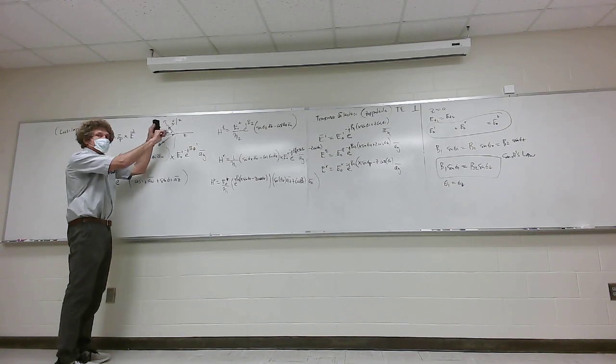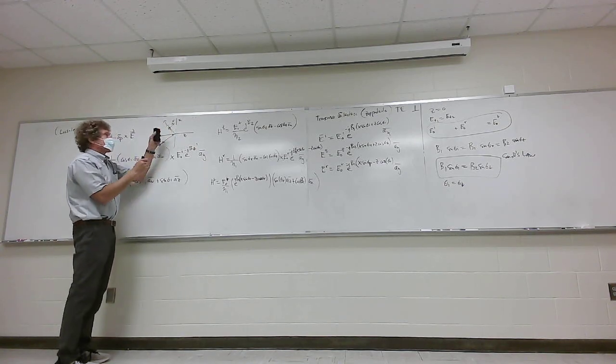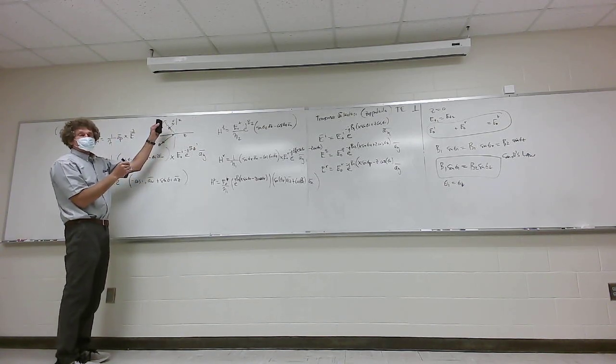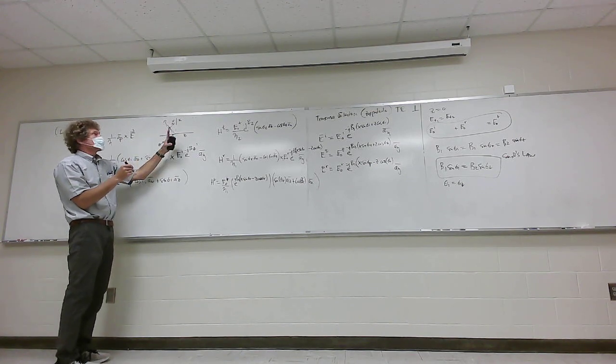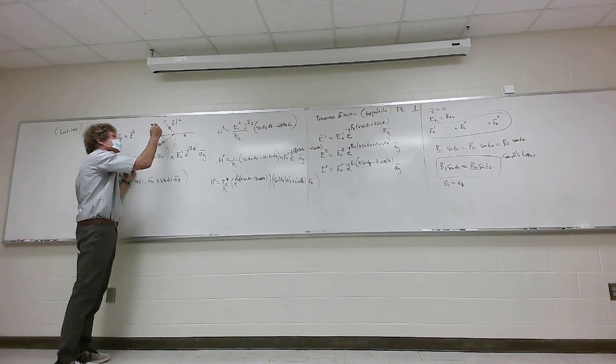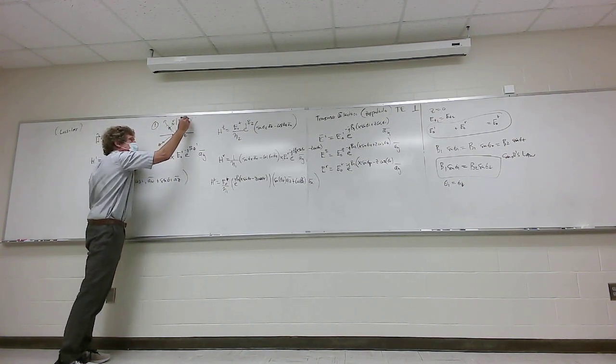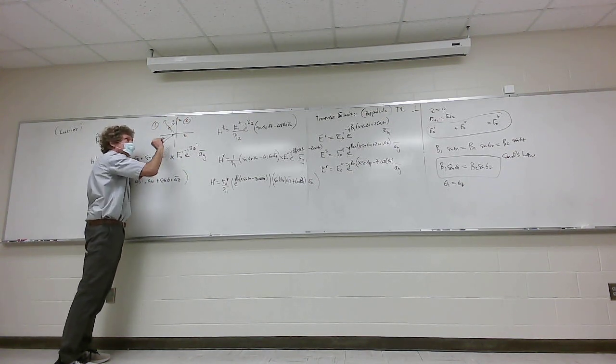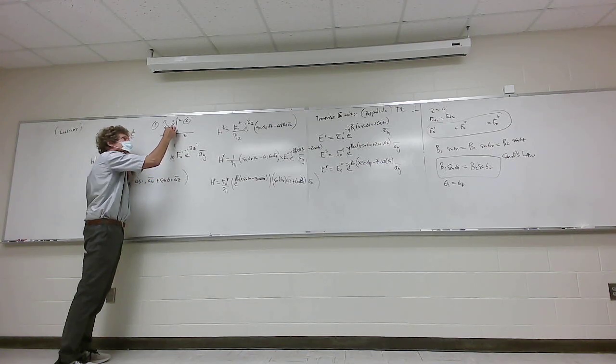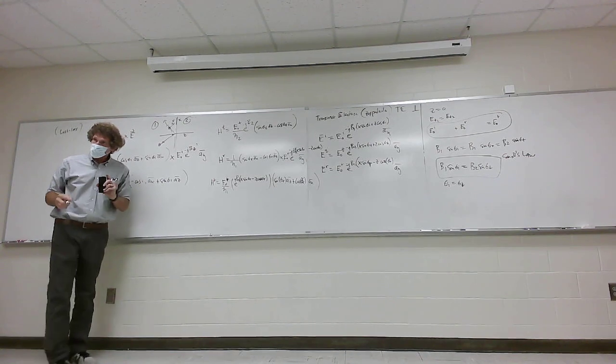If that's z, remember y's out of the board, isn't the tangent component of the H field really the x component? You all see that? If this is region 1 and this is region 2, and that's the z-axis, then when I say the tangent component of the H field, it would be the component that is in the x direction. You all follow me on that, class?